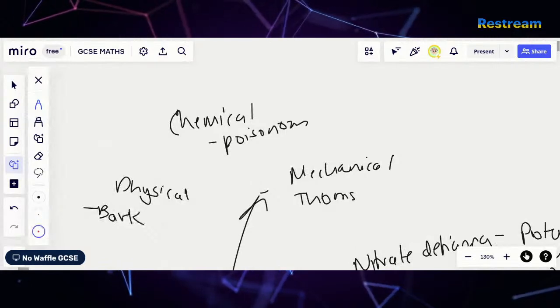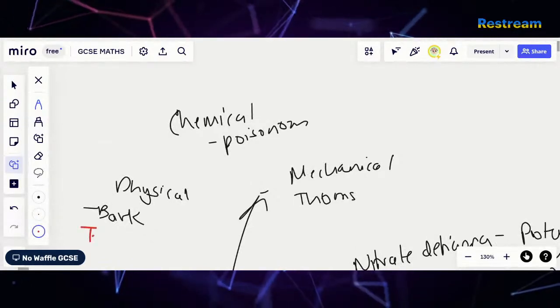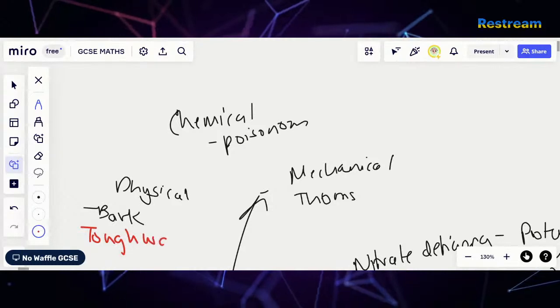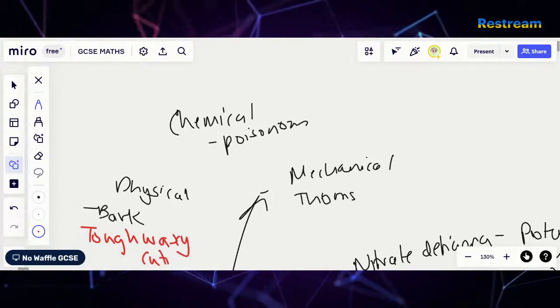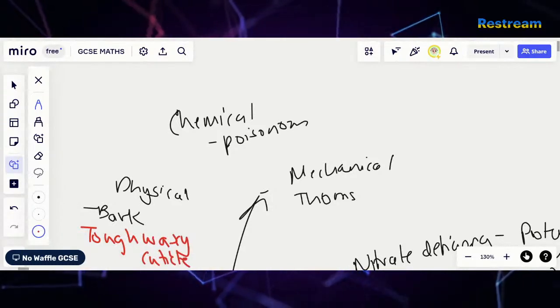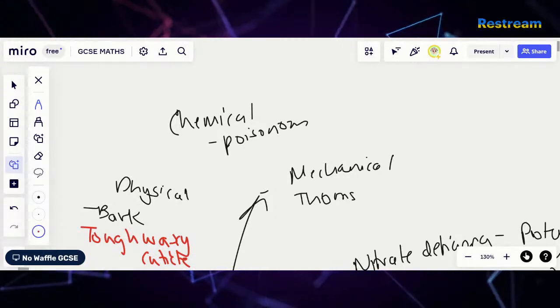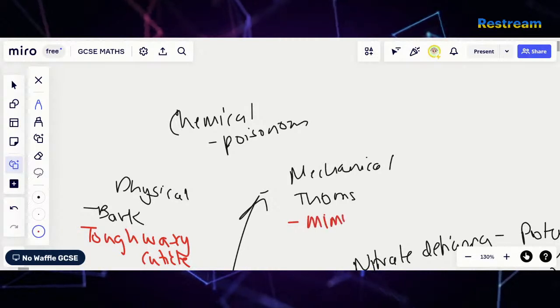We could also talk about the tough, waxy cuticle. We could talk about mimicry in terms of mechanical to try and trick animals.